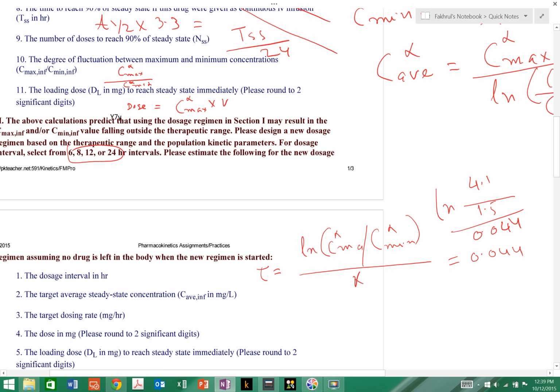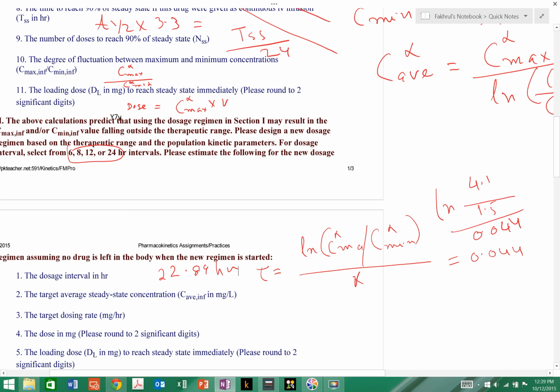If you do this calculation, you should get a dosing interval of 22.89 hours. That means you have to administer this drug every 22.89 hours.